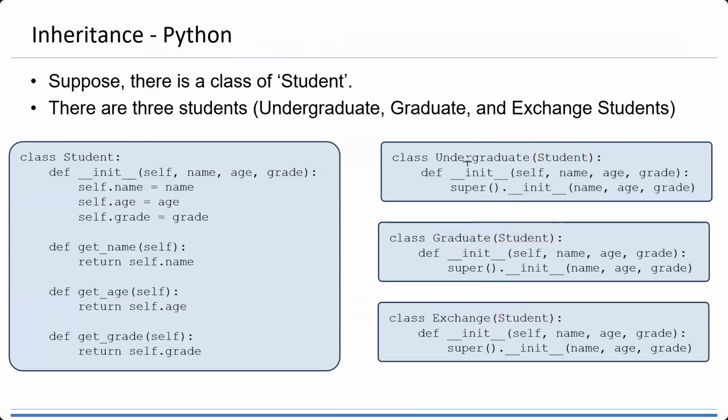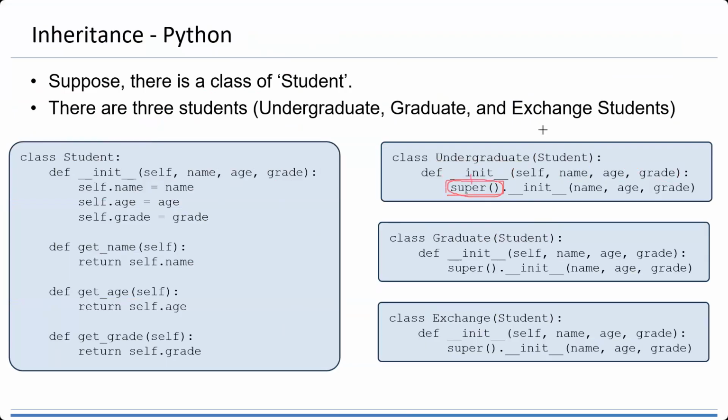And when we try to construct the object, when we try to create an instance of undergraduate student, we will have name, age, and grade, and those things refer to the super. So what is super? Super is the superclass.